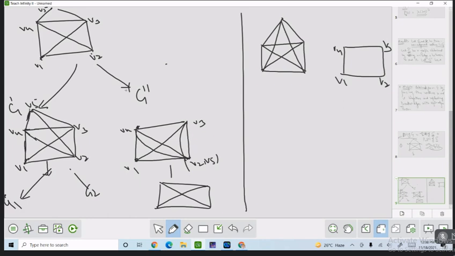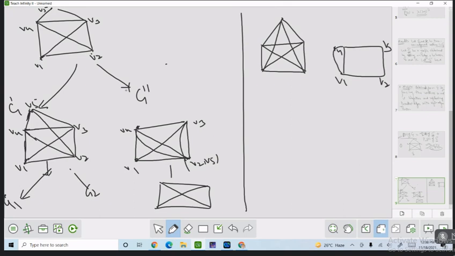So this edge will be parallel to this one, and this edge will be parallel to this edge. When we fuse this vertex at this vertex, this edge will be parallel to this edge.